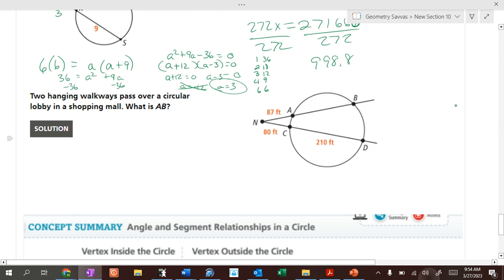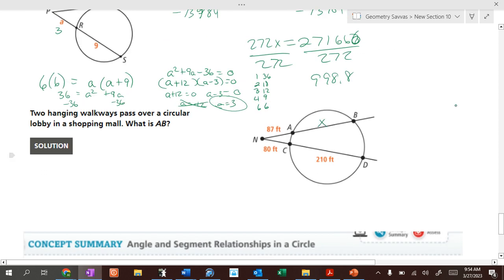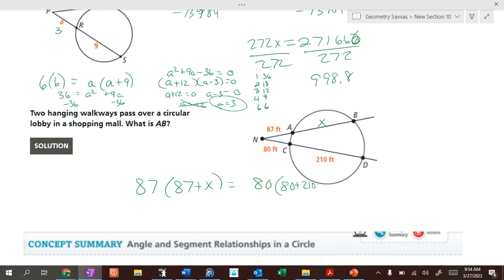Okay. What is AB? Well, again, the outside times the whole thing equals the outside times the whole thing. So 87 times 87. 7,569. Plus 87x equals 80 times 80 is 6,400. 80 times 210 is 16,800.